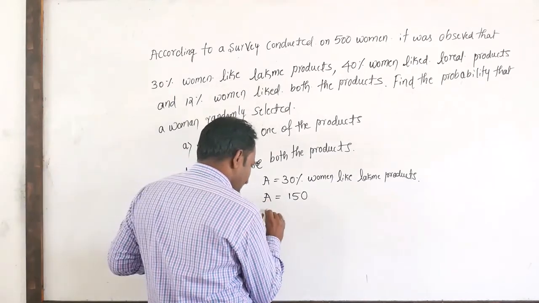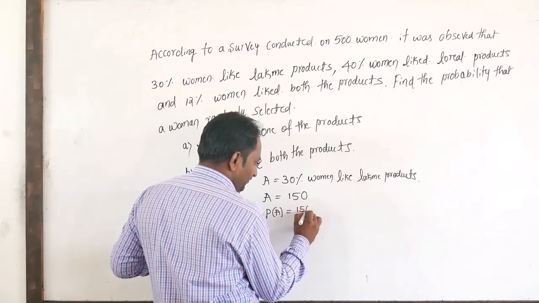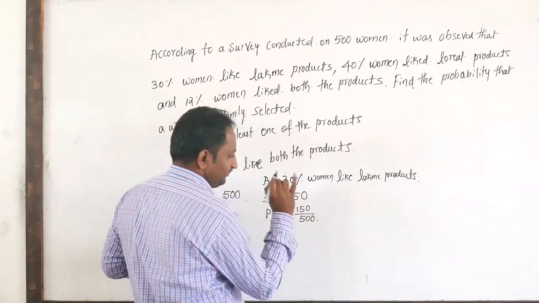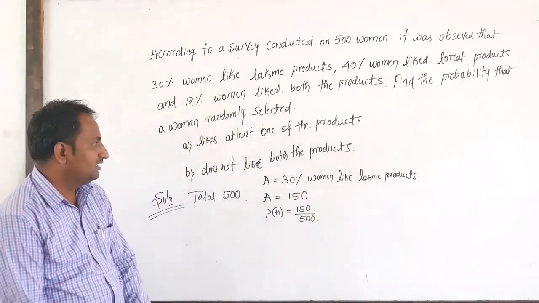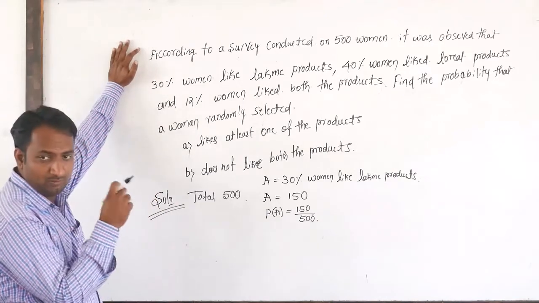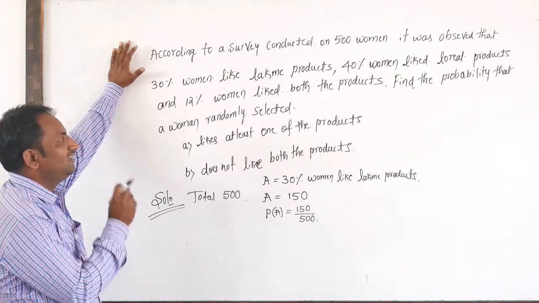That's why probability of this event is equal to 150 divided by 500. A survey was done on 500 women, and 30% of women like Lakme products.